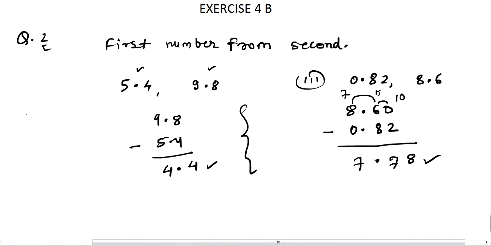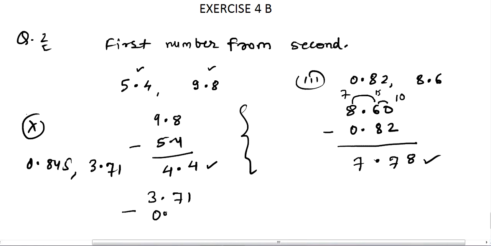The one last question I'm solving here, 10th one, 0.845. This is the first number and we have to subtract this from 3.71. So first we will write 3.71 minus 0.845. So we have to write 0 here to make it equal. Now subtract this. So this will be 16, this will be 10, and this will be 10.